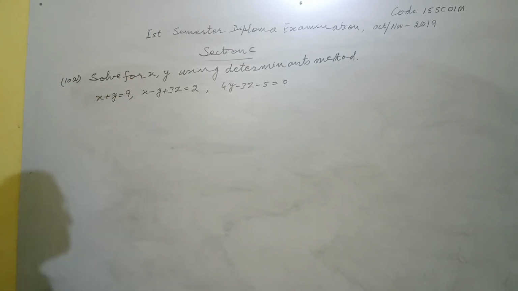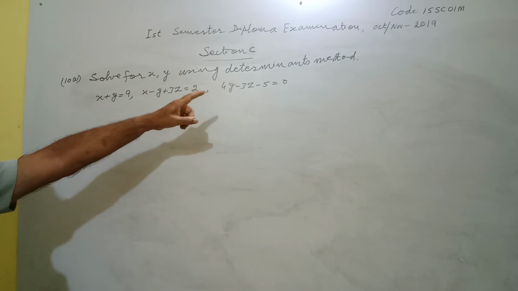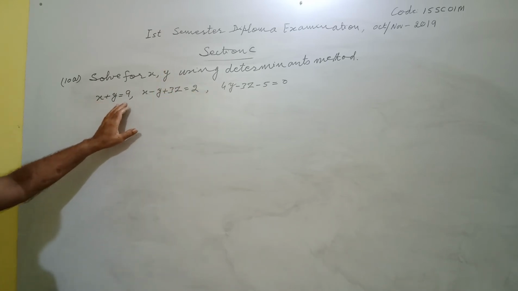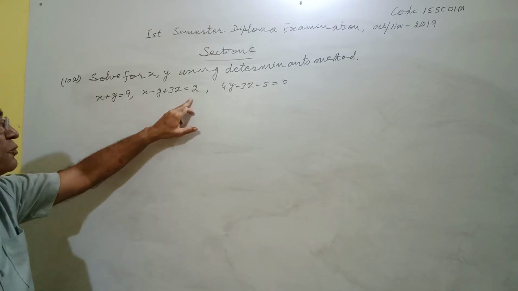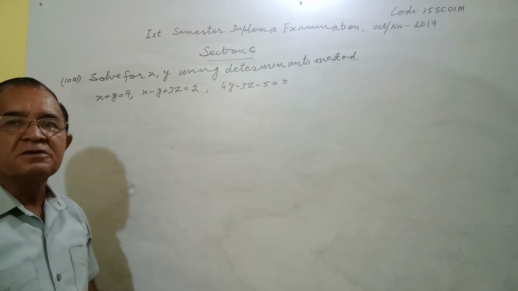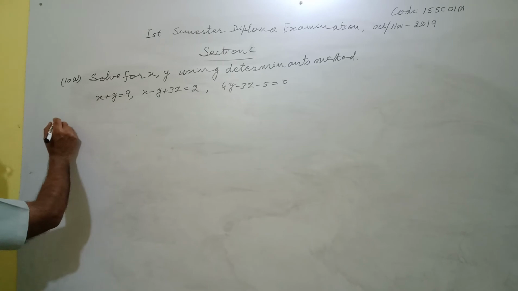Next, section C, 10 sum A part. Solve for x, y using the determinant method. X plus y is 9, x minus y plus 3z is 2, 4y minus 3z minus 5 is 0. Now how we will solve this sum?